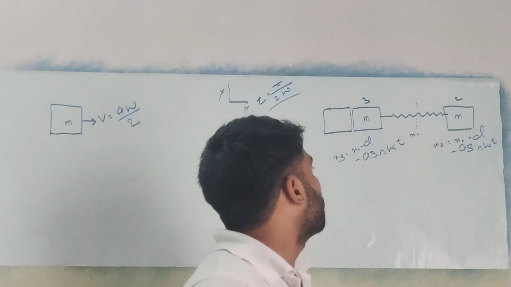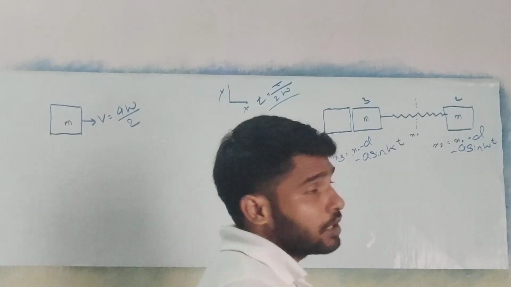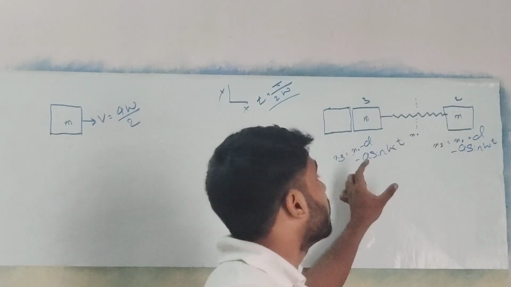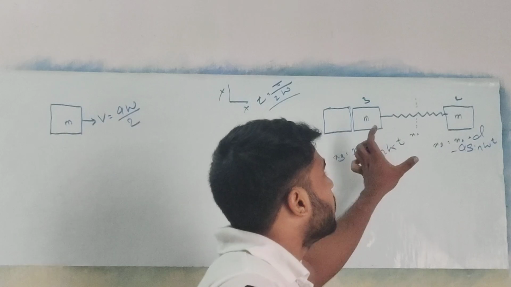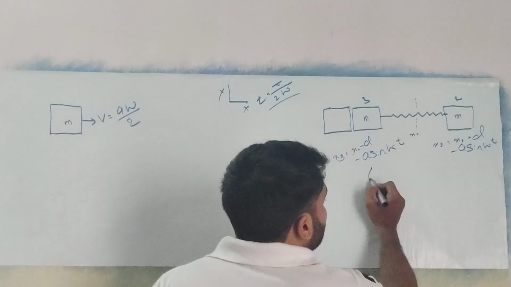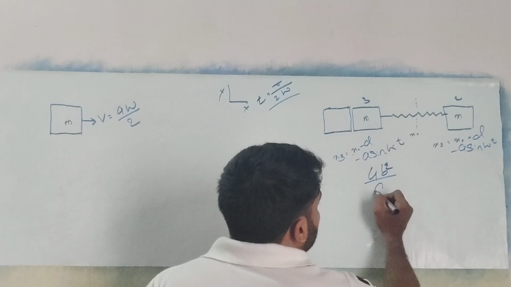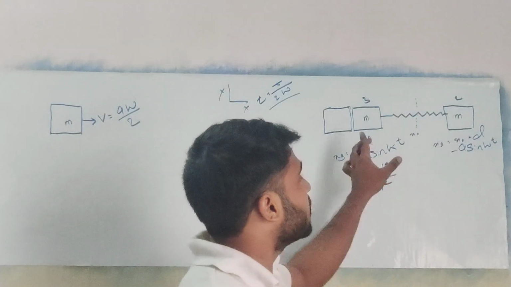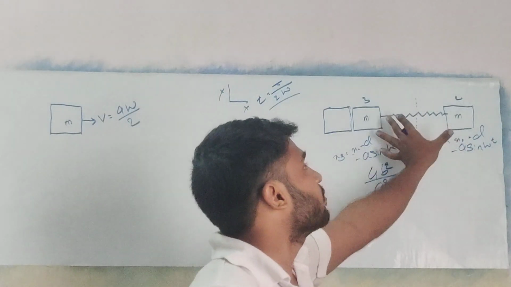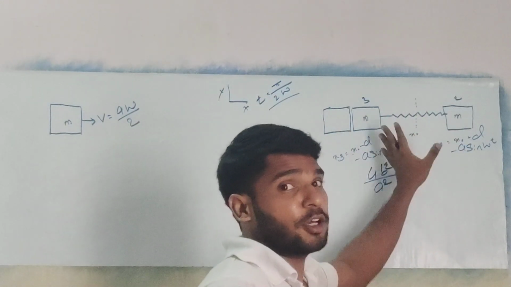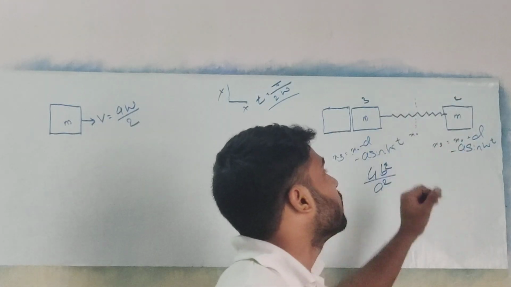Now the question says, after collision what will be the value of 4b square upon a square, where b is the amplitude of oscillation of the system after collision and a is the amplitude of oscillation of the system before collision.